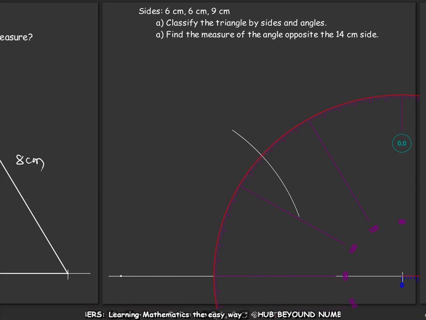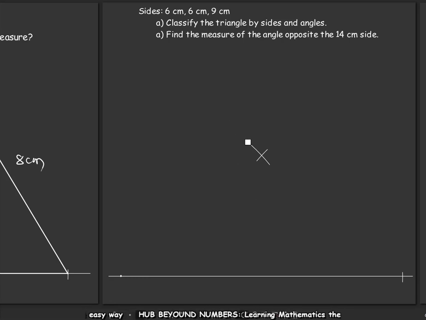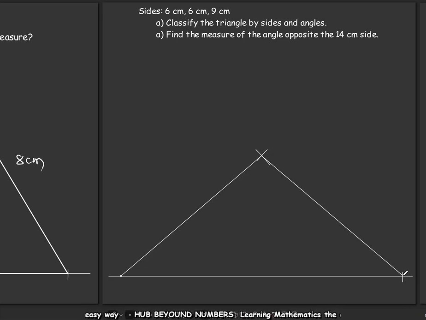At this point, I can now take off my compass and then clean the arcs that I don't need, just to make my work beautiful. And then you now join the 2 points. So I'm going to join this point to this point, and also join from this point to this point.